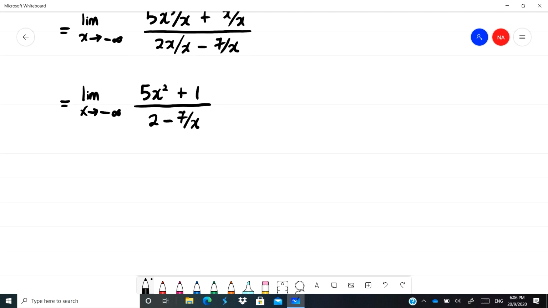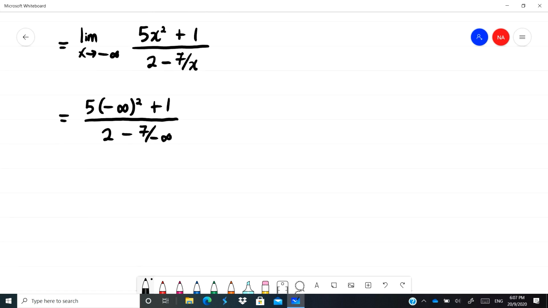Now we have to try to substitute the value of x with negative infinity. So we'll have 5 multiplied by negative infinity squared plus 1 over 2 minus 7 over negative infinity. If you square a negative number, it will become positive.